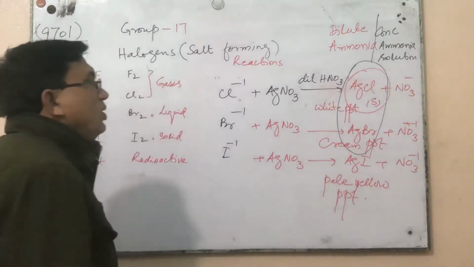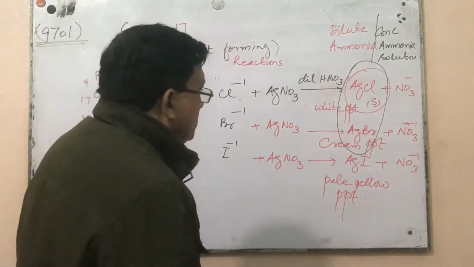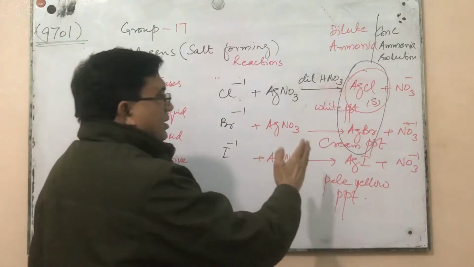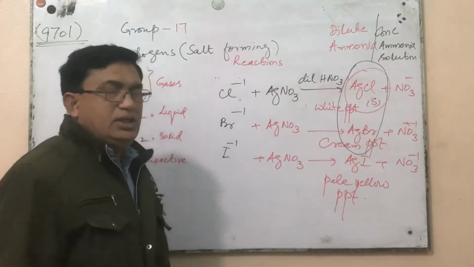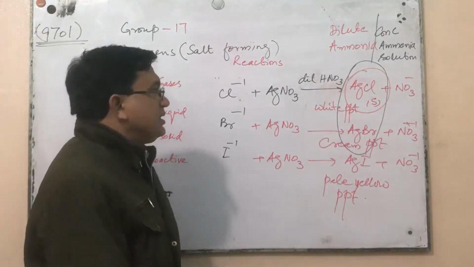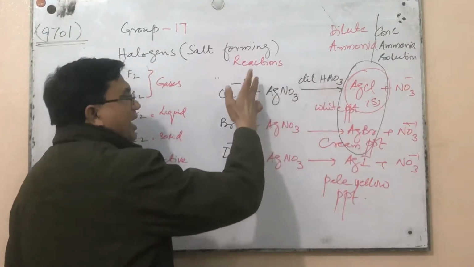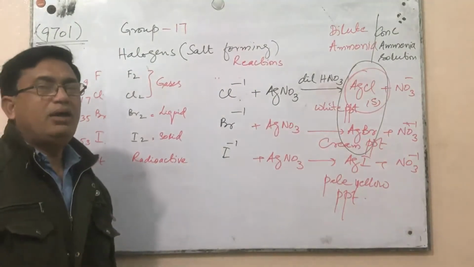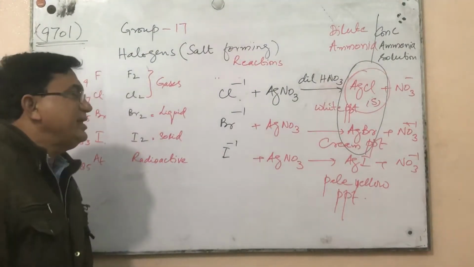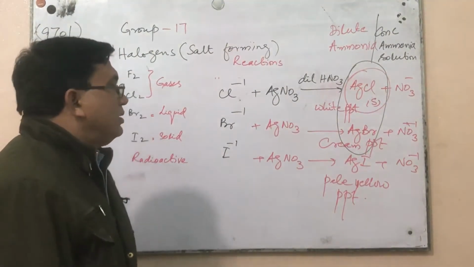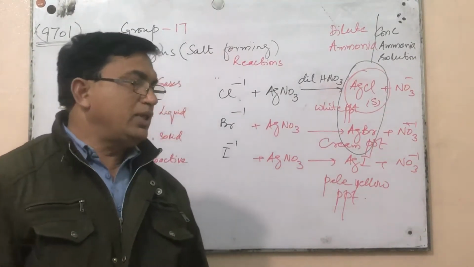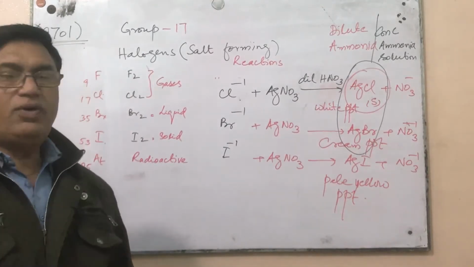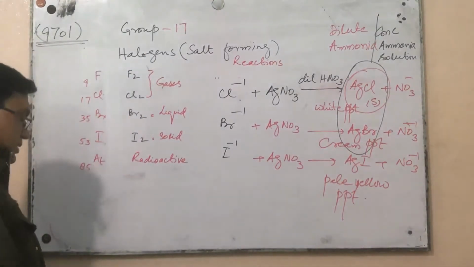In this manner, we can distinguish between these precipitates, and the respective halide can be detected quite easily. In this manner, these halides react and the halogen reacts with hydrogen, producing different types of halogen acids.